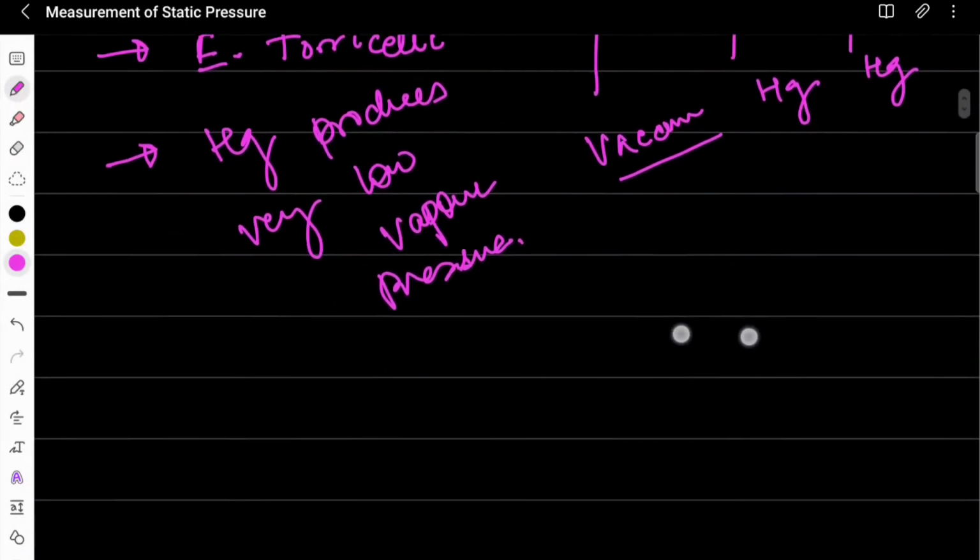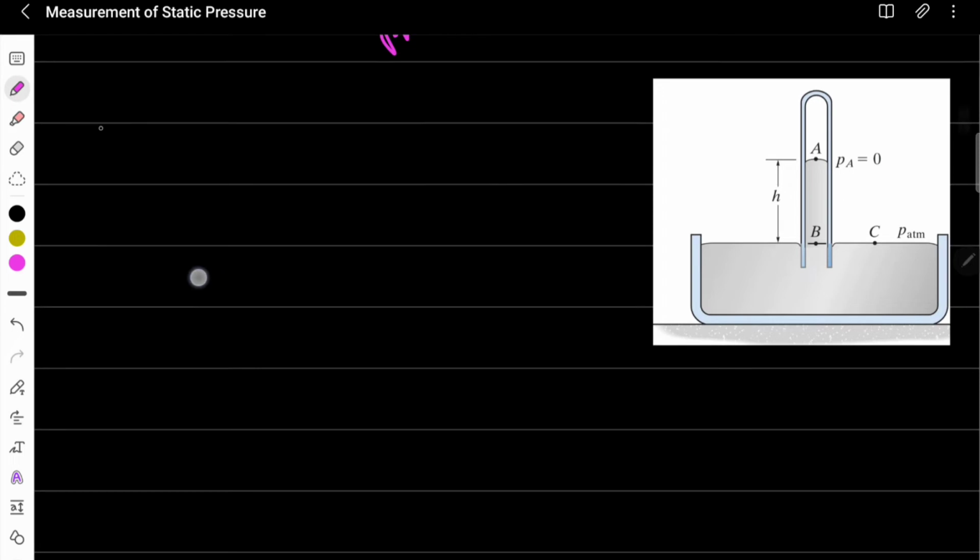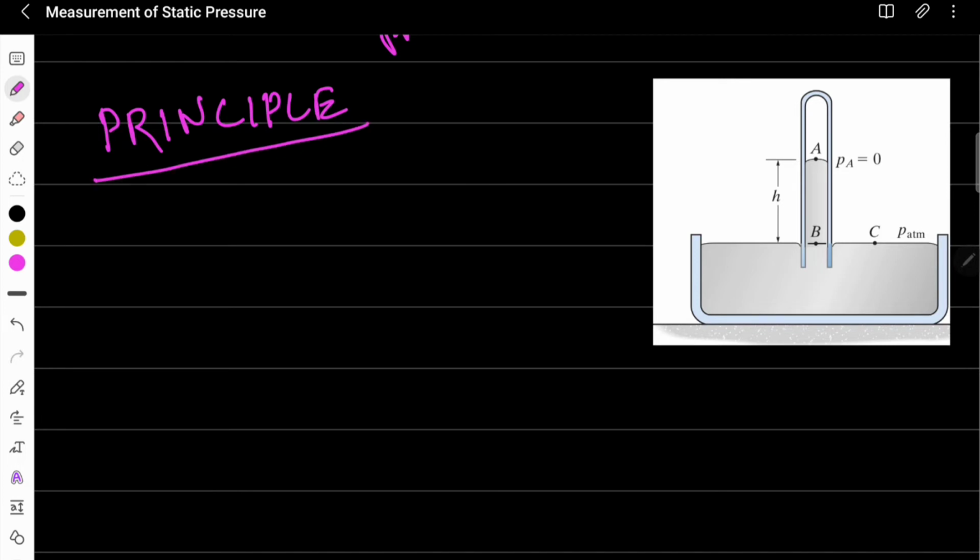Okay, now let's understand how this works. Let's understand the principle behind it. Here, on the surface of this liquid, the atmospheric pressure is acting. So the pressure at point C is equivalent to P atmospheric. Now along this horizontal line, the pressure will be the same.